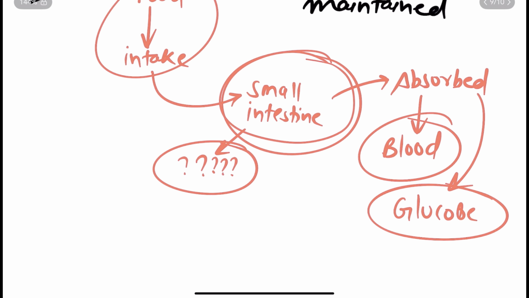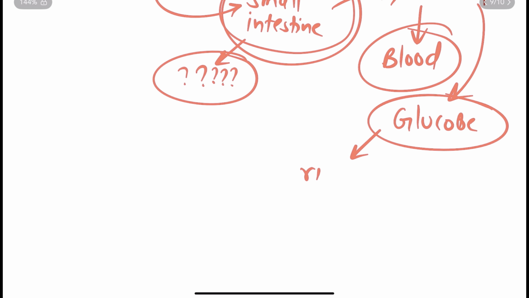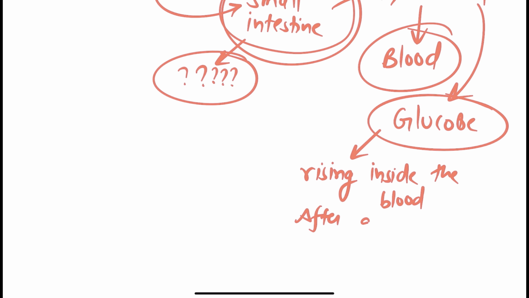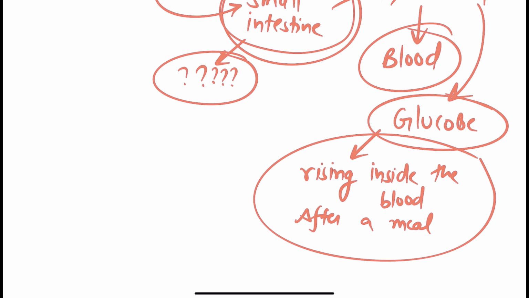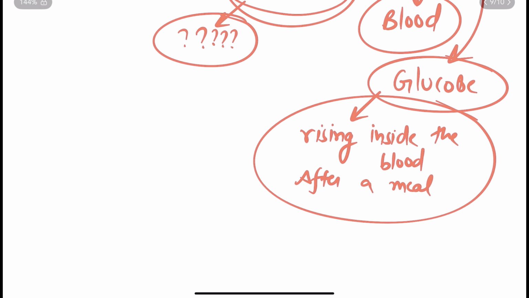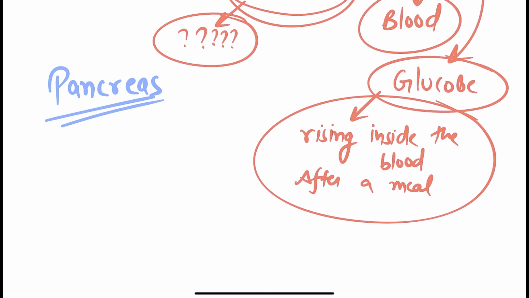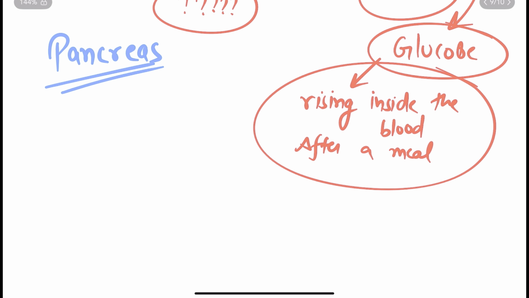So the level of glucose is rising inside the blood after we take a meal. So we have to regulate the blood glucose level, and for that we have a gland known as the pancreas. The pancreas is a very important gland in our body, and it contains two types of cells in its endocrine portion.